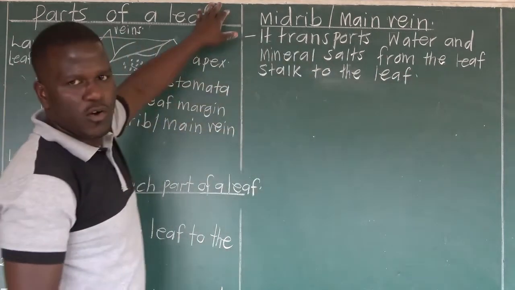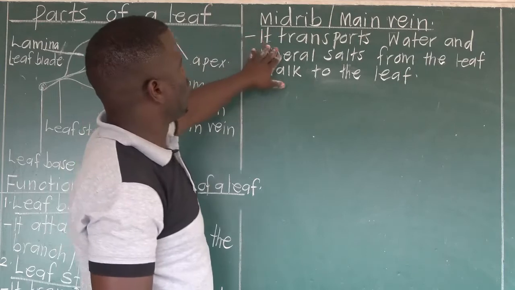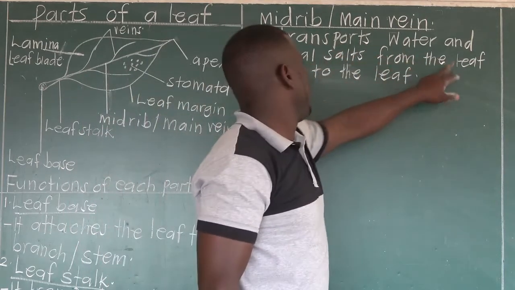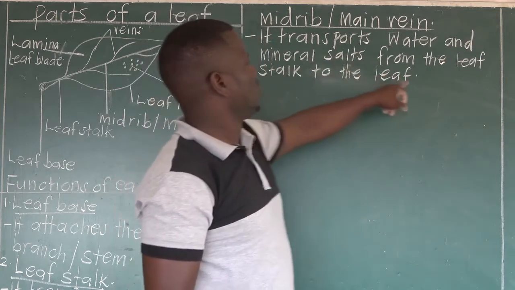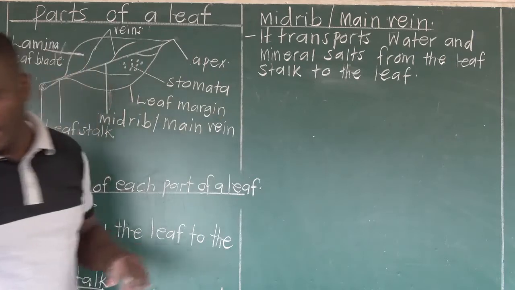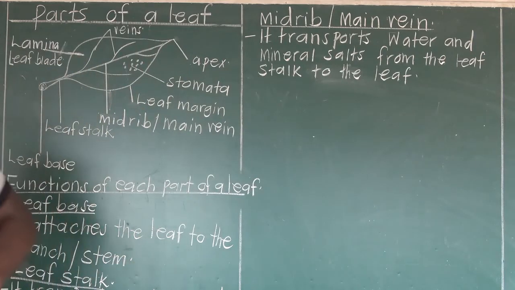The midrib or the main vein transports water and mineral salts from the leaf stalk to the different parts of a leaf. That's how the midrib is important.